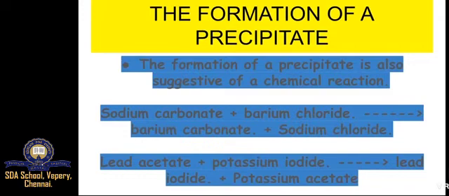Here, barium carbonate is precipitated. Next, lead acetate plus potassium iodide. When they react together, they form lead iodide and potassium acetate. Here also, a precipitate is formed, and this lead iodide is a yellow color precipitate.